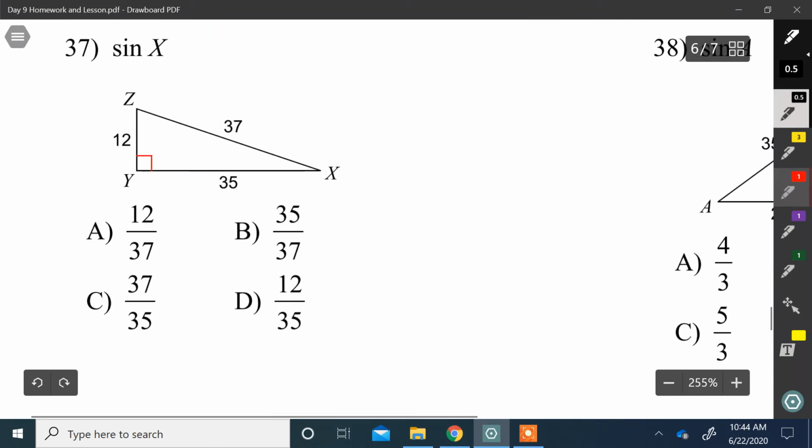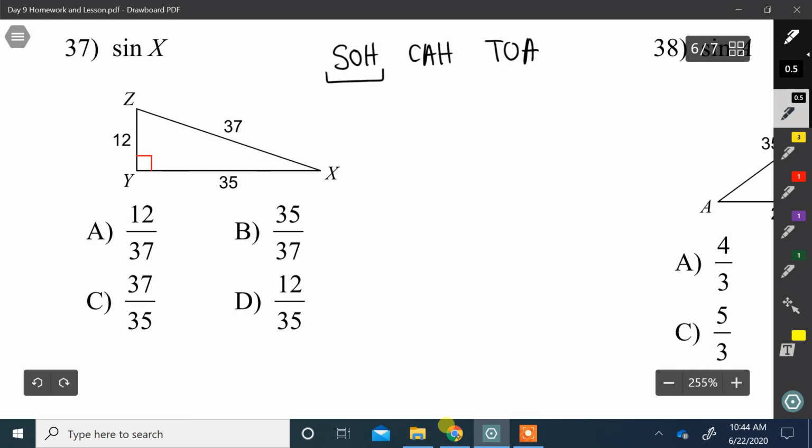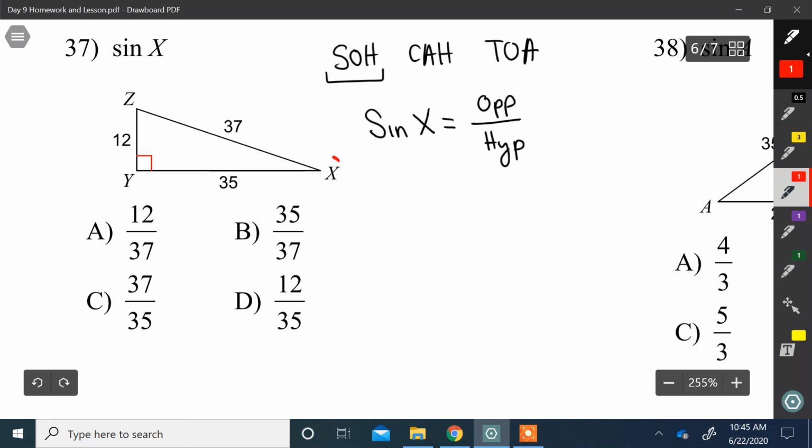We have sine of x. Once again, we have SOHCAHTOA. So sine of x is equal to the opposite over the hypotenuse. So first of all, let's find that x. X is right there. The opposite of that is the one straight next to it.